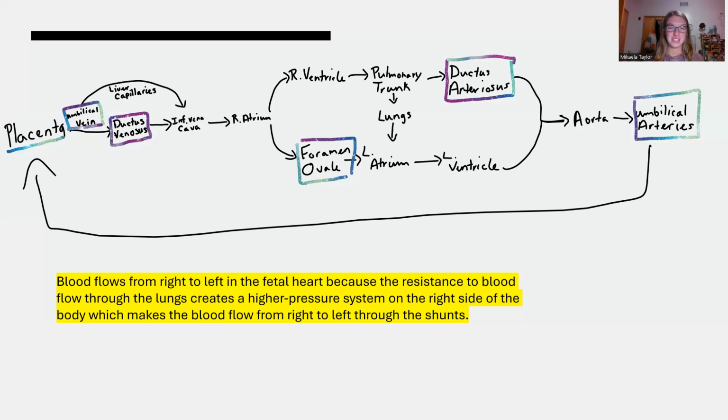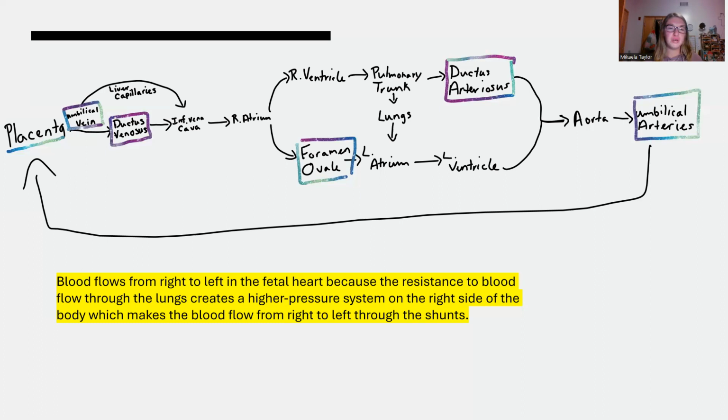fetuses are not actually breathing, and so there still needs to be oxygen diffusion, but it's not taking in oxygen through the lungs. Inside the lungs there is blood flowing in a way that is very different than when you are fully developed.